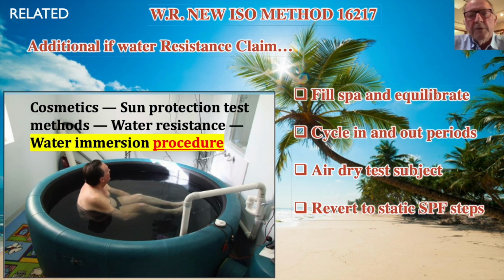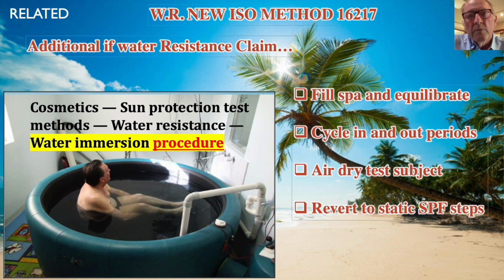A little bit off the track now onto an associate method. That method is called 16217, and it's to do with water resistance. It was the first publication of that method just around the time of the new ISO. For products that need to be challenged with water resistance, we've also added to that.